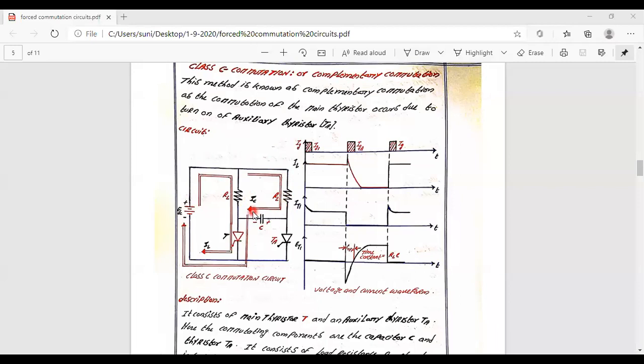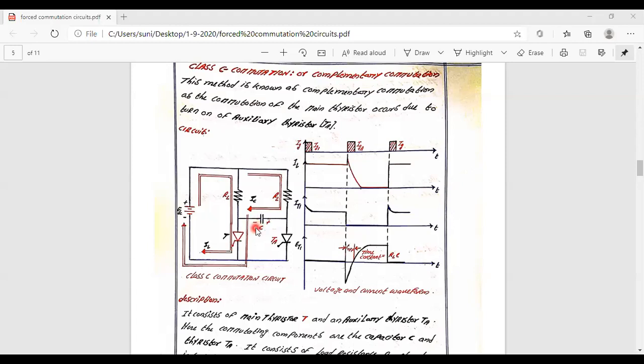As the current moves here, the charge is going to be acquired in the capacitor, positive on the right side plate and negative on the left side plate. Is it clear? Positive on the right side plate and negative on the left side plate.